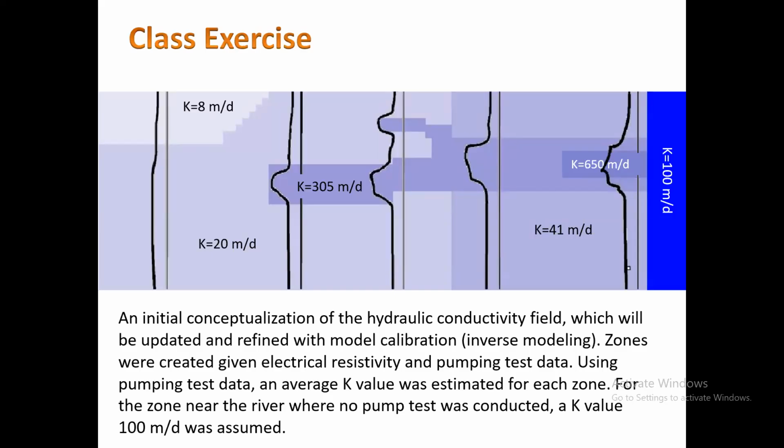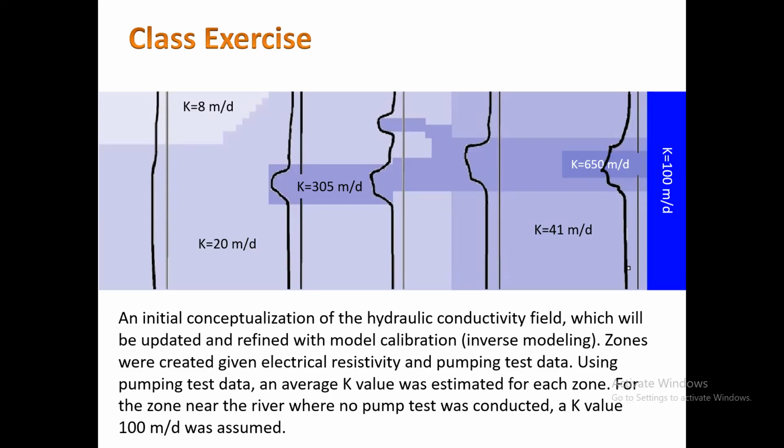Then we said we have a parent river channel here that looks something like this, maybe, and we assume that K here is equal to, I don't know, like 300. And we said we have a high hydraulic conductivity zone here, and K here is equal to like 650, if I remember correctly.